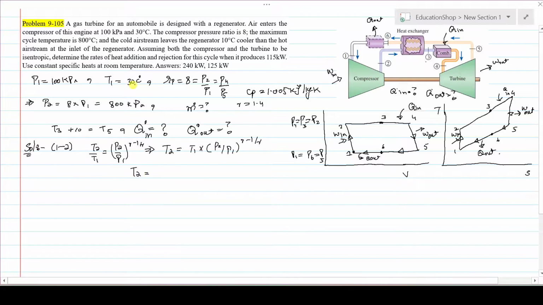Remember, this T1 is 30 centigrade, convert into Kelvin, that become 30 plus 273 and it become 303 Kelvin. T2 is 548.86 Kelvin. Remember, also the maximum cycle temperature is given, that is 800 centigrade, T4.